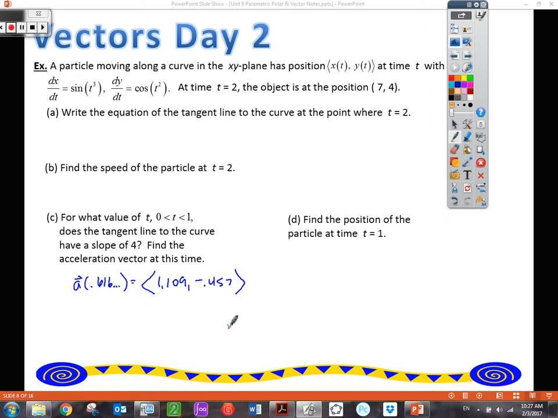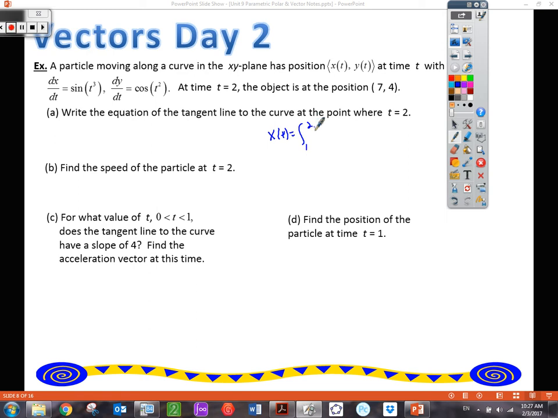Okay, we okay? All right, last part. Find the position of the particle at time t equals 1. Okay, so position, we have velocity, we have our derivative, we need to integrate. Now I'm going to do this integration a little bit different than yesterday. We're going to do a definite integral instead of an indefinite integral. All right, so x of t is going to equal the integral from 1 to 2.